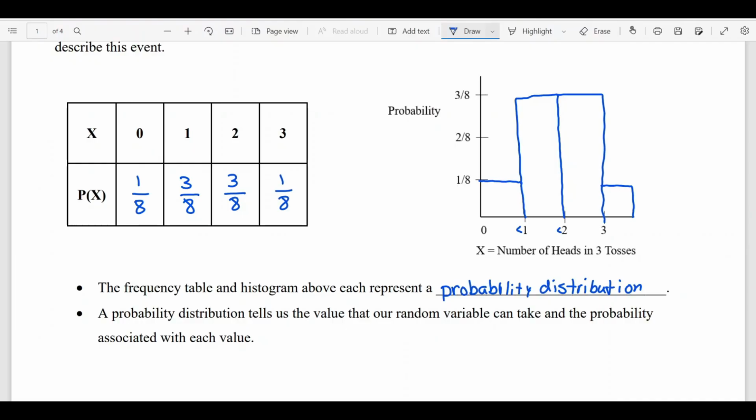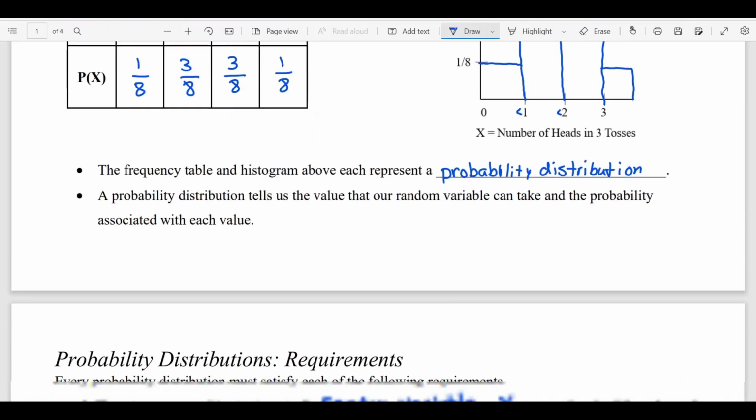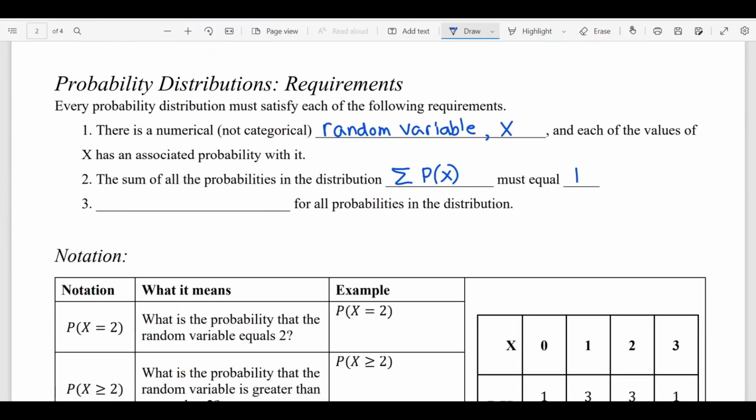And that needs to be true in order to be a valid probability distribution. A probability distribution shows the values a random variable can take, and it must show all possible values along with their probabilities. So the probabilities should all add up to 1 because you're accounting for all the events in the sample space.